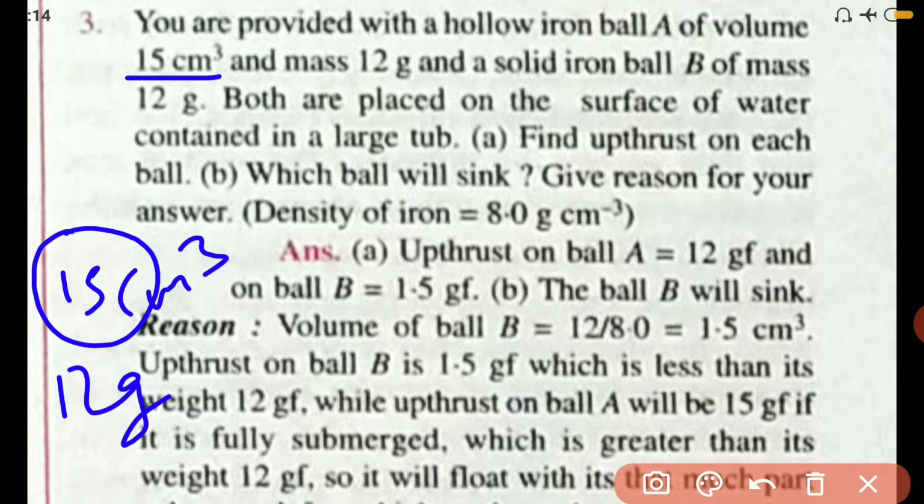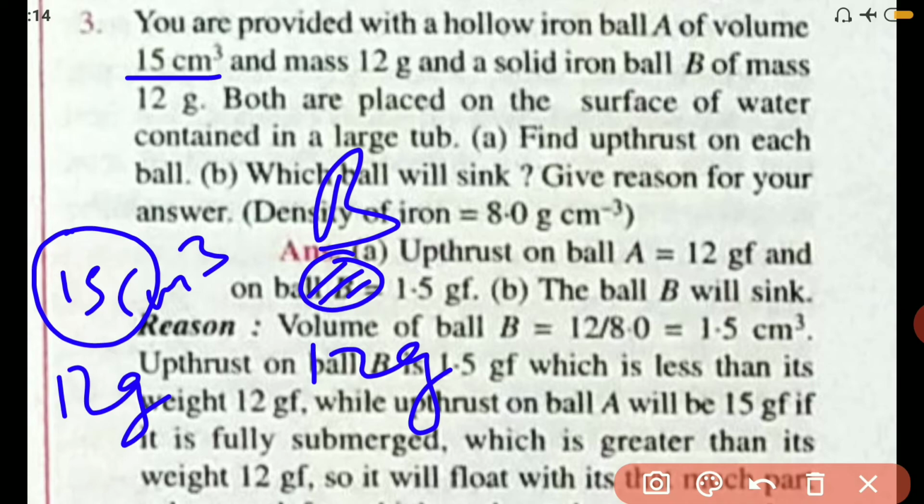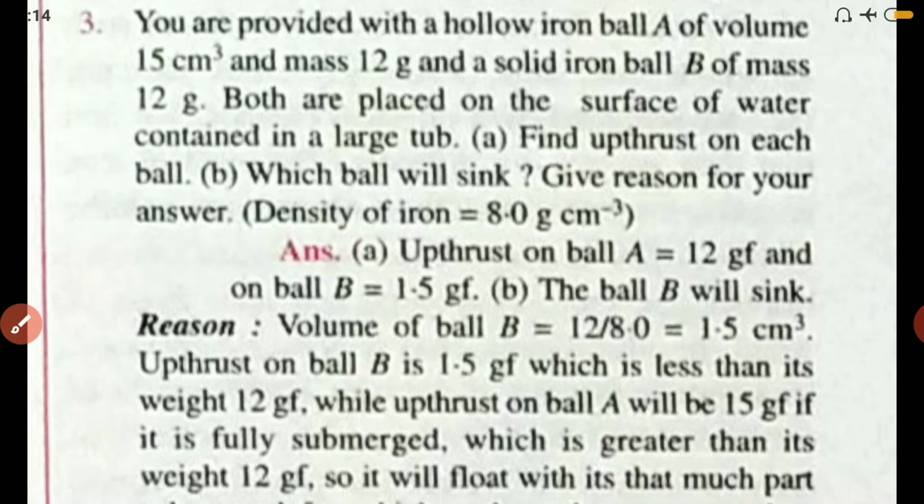And there is another solid iron ball B of the same mass, which is 12 gram. So obviously this ball B should be smaller than ball A because it is solid, of the same mass. Both are placed on the surface of water contained in a large tub. Find the upthrust on each ball. Which ball will sink? Give a reason for your answer.